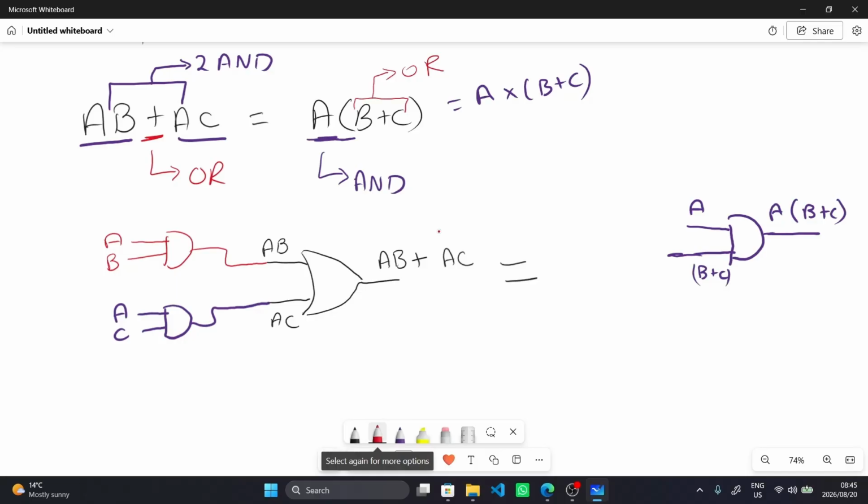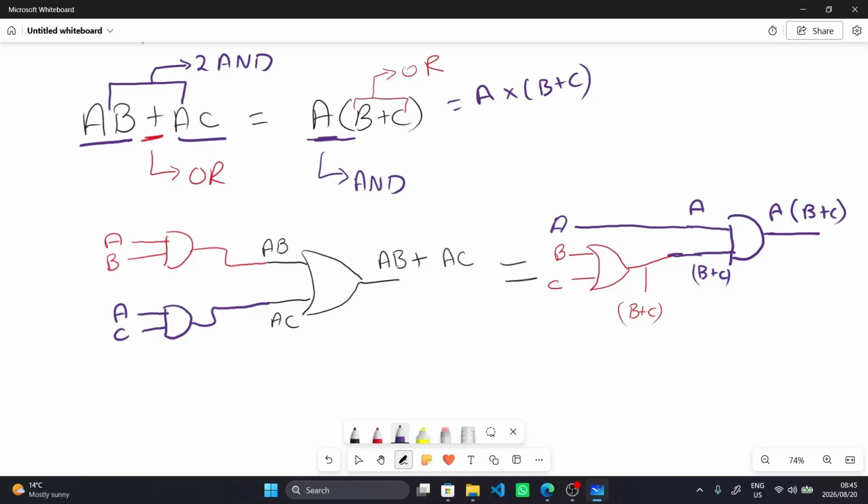We use an OR gate, with inputs B and C, so the output will be B plus C. And then this will be A. As you can see, we can use distributive law most of the time to reduce the number of logic gates we are using, right? So we went from 3 logic gates to 2 logic gates.